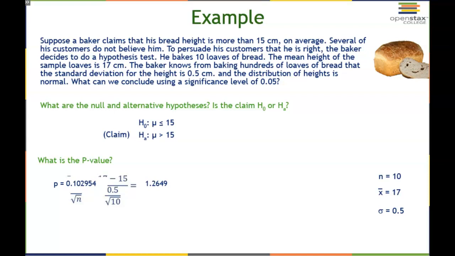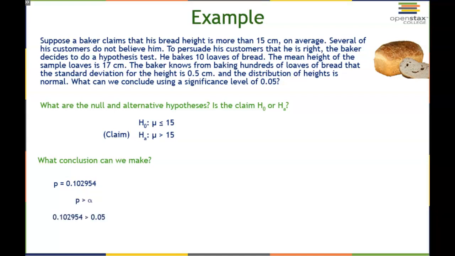Now we need to compare it with our alpha. If our alpha is not given to us, then we can assume an alpha of 0.05. Because our p-value is greater than our alpha, we will not reject H0. We only ever test H0.